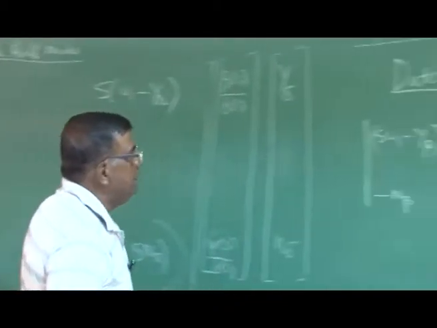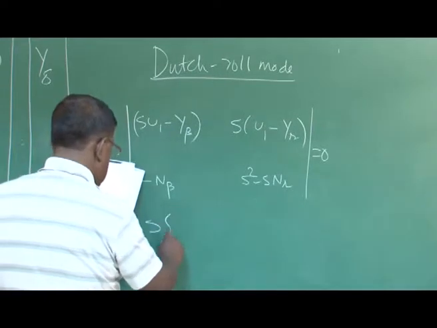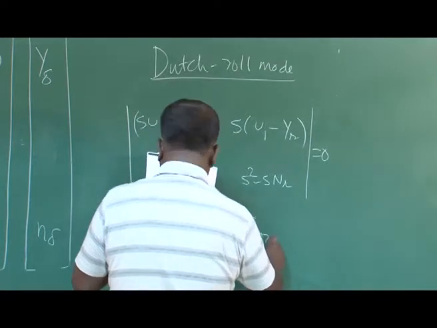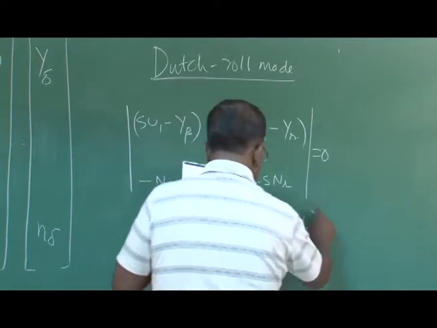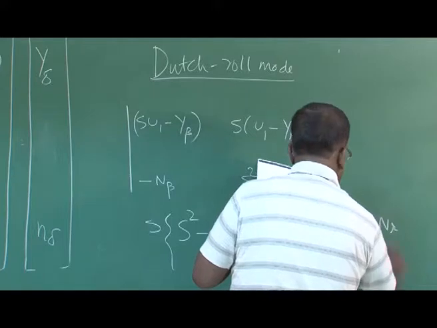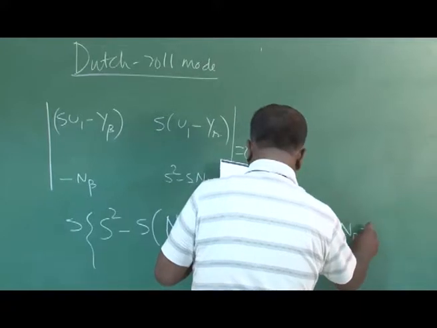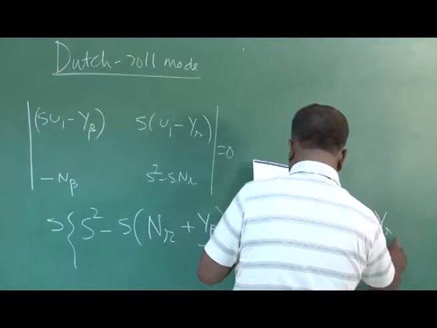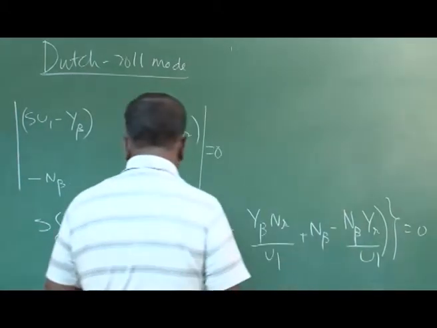If I do it like this, I get a characteristic equation as S square minus S into NR plus Y beta by U1, plus Y beta NR by U1 plus N beta minus N beta YR by U1. Let me check.